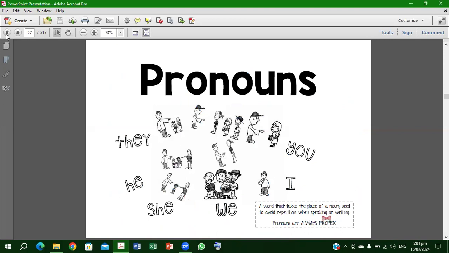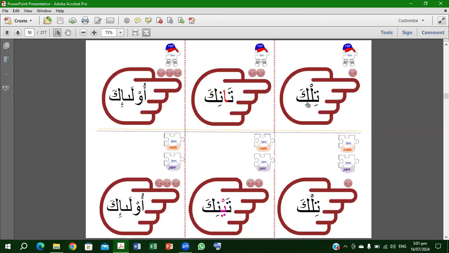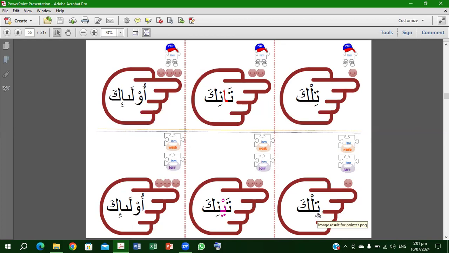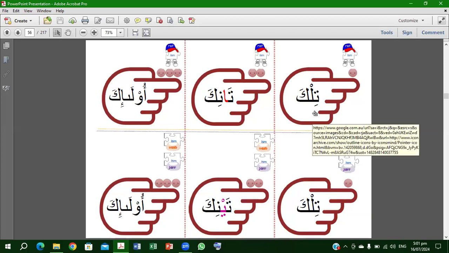That's for male. For female far, the pointer is tilka, that girl or that female. Tanika, those two girls. Ulaika, they all girls. Tilka in halate nasab and jar is exactly the same as halate rafa.